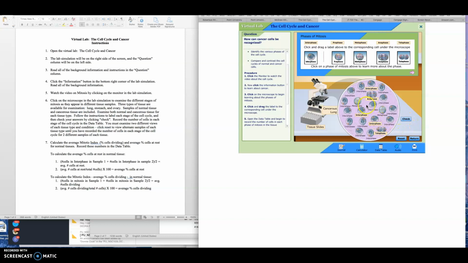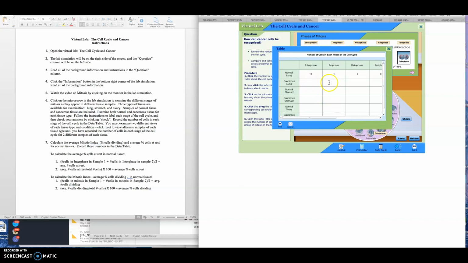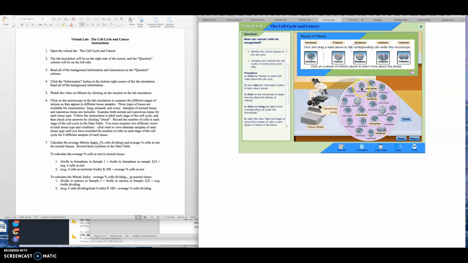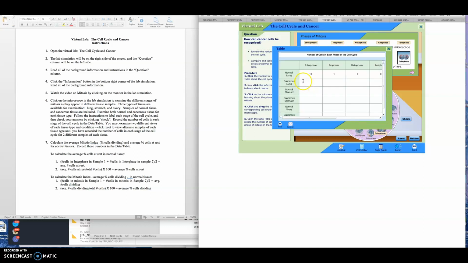So we can go back in the data table and do the same stuff for cancerous lung. So looks like we've got 1, 2, 3, 4, 5, 6, 7, 8, 9, 10, 11, 12, 13, 14, 15, 16 in interphase.